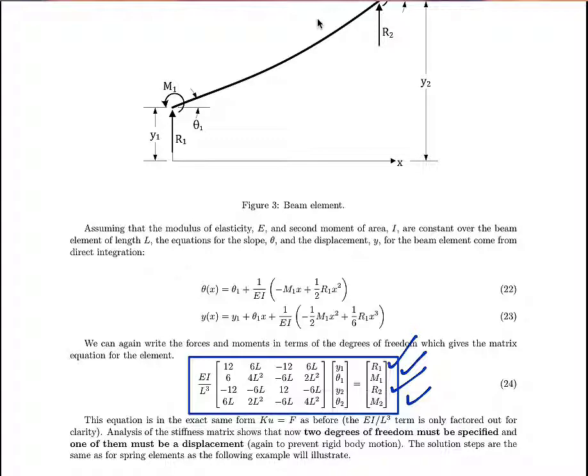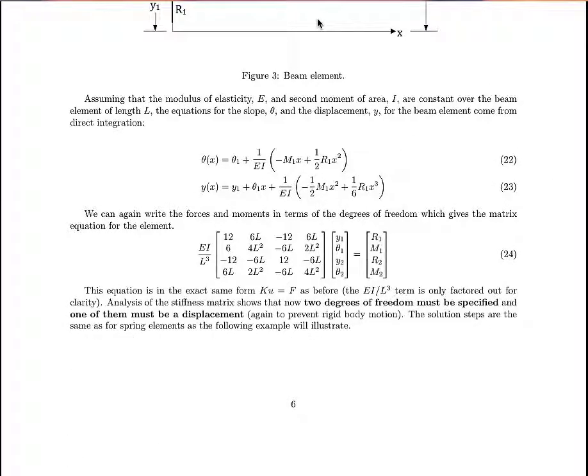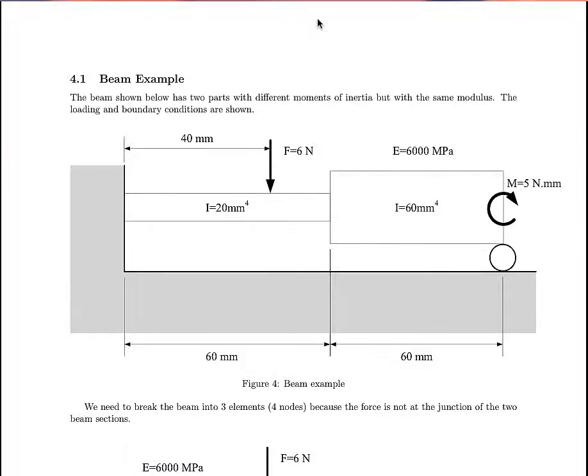And on the left side, instead of only displacements, we have displacements y1 and y2, and we also have the angles of rotation theta 1 and theta 2. And the rest here is just a stiffness matrix that will be a bunch of constants. Once we know L and E and I, then we can formulate this stiffness element, the stiffness matrix.